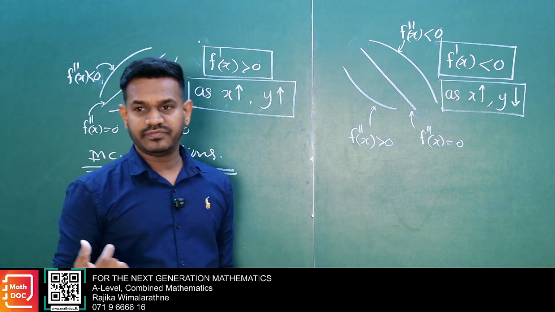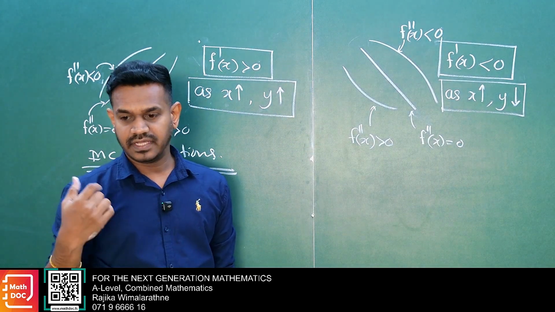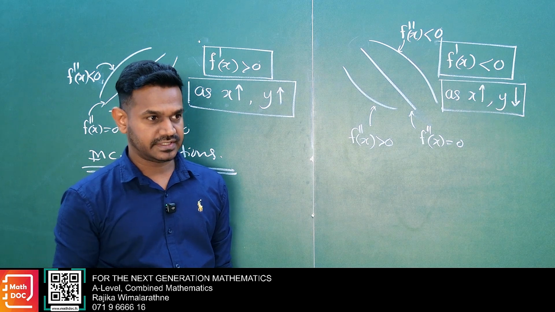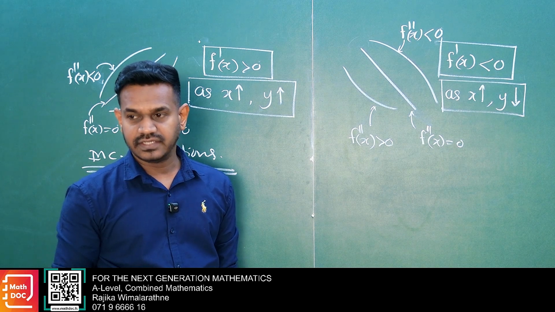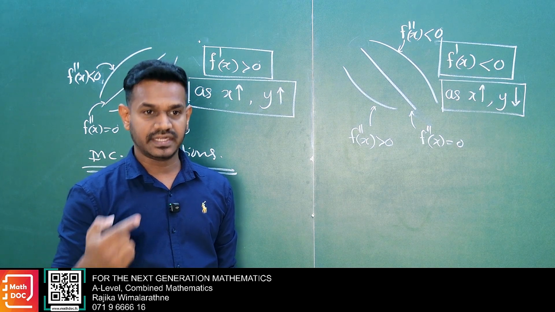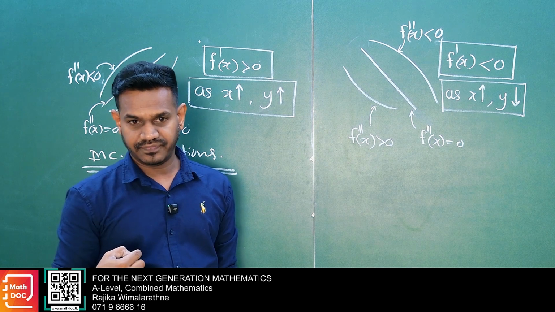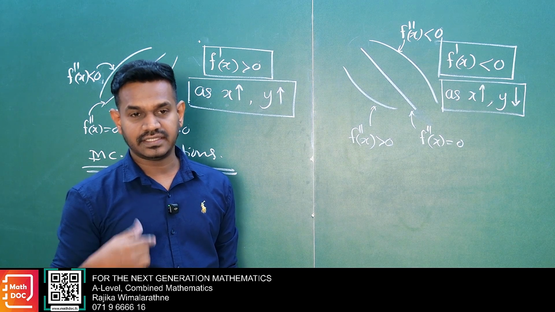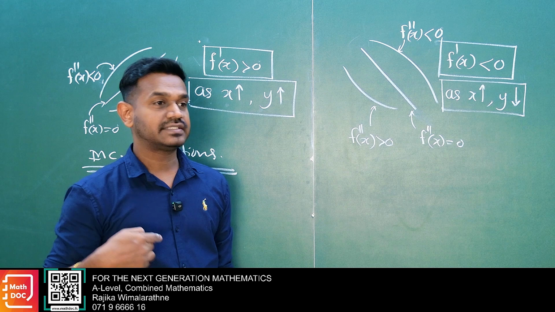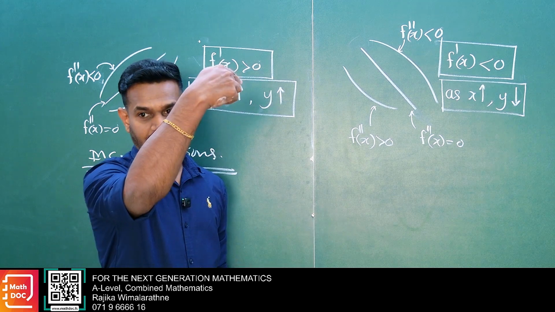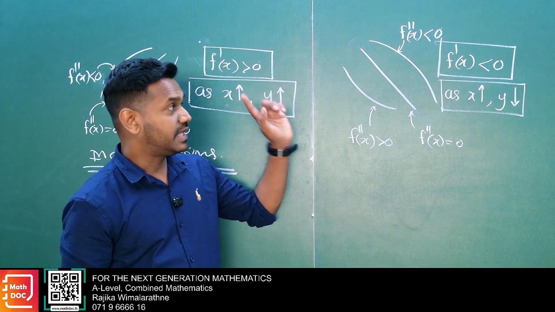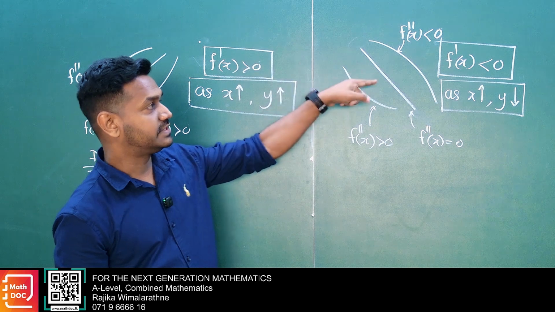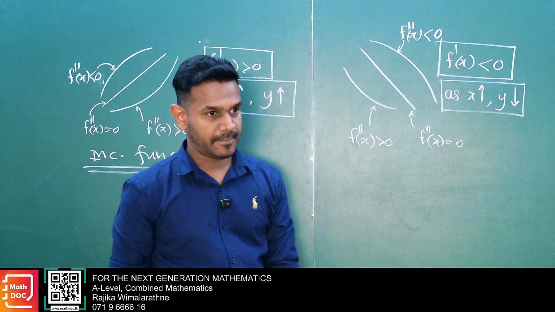Then we have two different function types, increase in functions and decrease in functions. So in the same single function, there can be an increasing region and a decreasing region. In the increasing case, as x increases, y increases, with positive gradient. For decreasing, negative gradient.